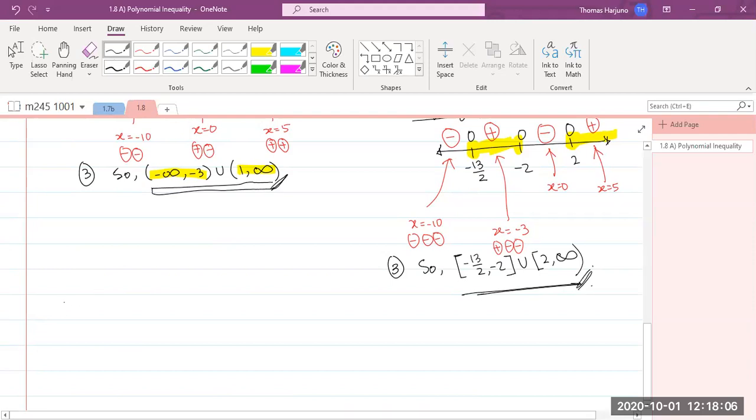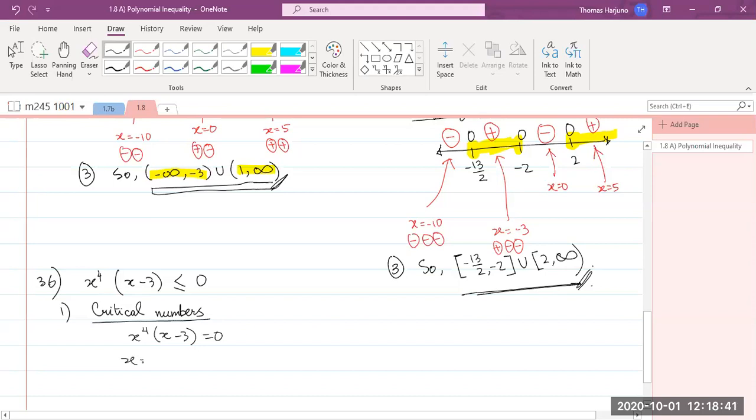Now, suppose I do number 36: x to the 4th times (x minus 3) less than or equal to 0. It's already 0 on one side, so I can start with the critical numbers right away. x to the 4th times (x minus 3) equals 0, so x equals 0 and x equals 3.